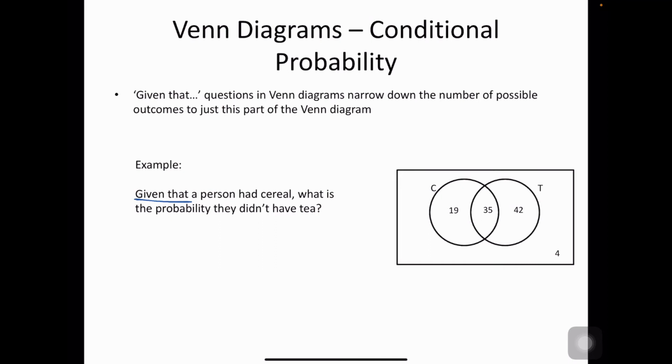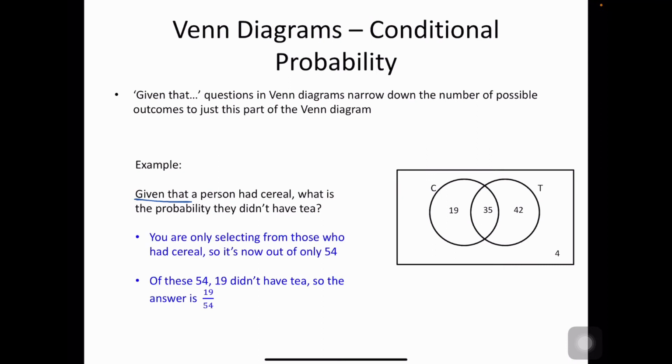Given that a person had cereal, what is the probability that they didn't have tea? So you are only selecting from those who had cereal. So it's saying given that they've had cereal, what is the probability that they didn't have tea?